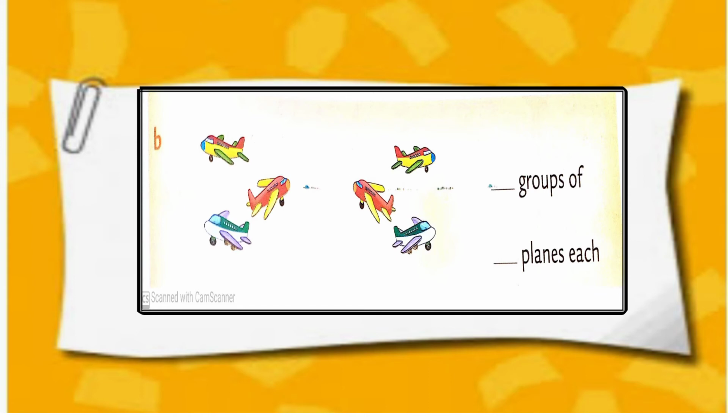So, first of all, draw the aeroplanes the way you have seen on the screen. Don't worry if you are not able to draw the perfect shape. Just try to draw.